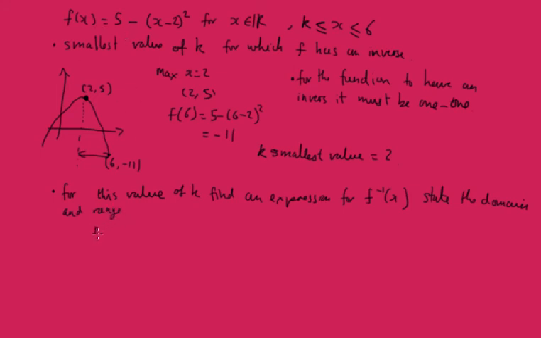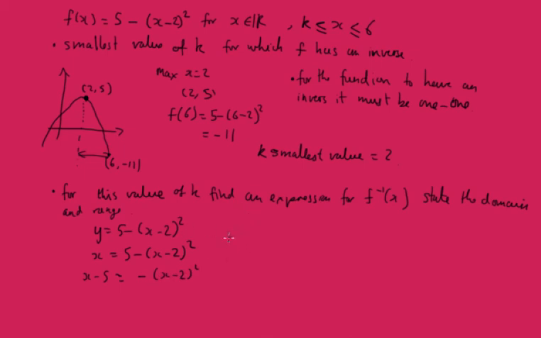So we're going to have y equals 5 minus (x minus 2) squared. So it's going to be x equals 5 minus (y minus 2) squared. So we'll have x minus 5 equals minus (y minus 2) squared.